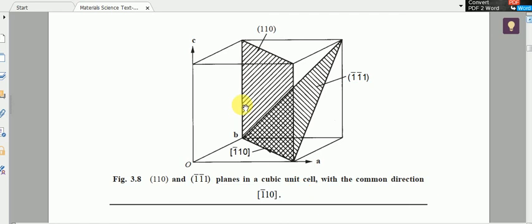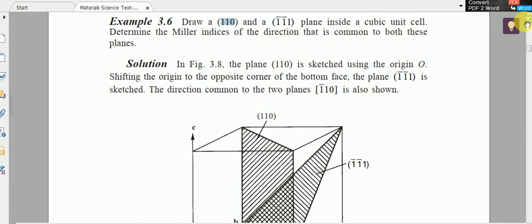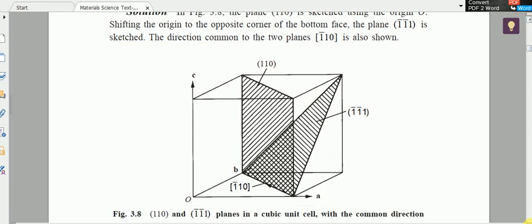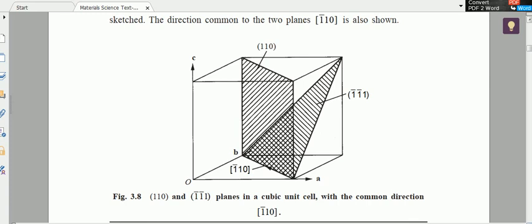Now similarly they asked to represent the bar 1, bar 1, 1 plane inside the cell. For that, instead of taking the origin at this point, I am just taking the origin at this point here. Then bar 1 means 1 behind it, or in the negative axis.